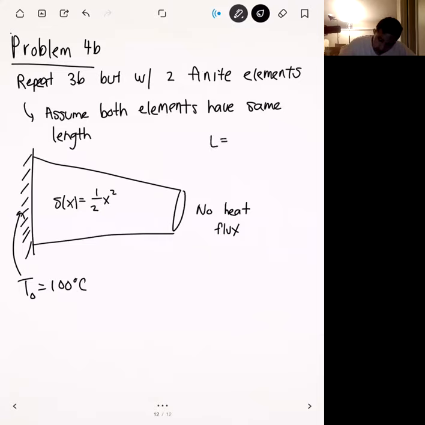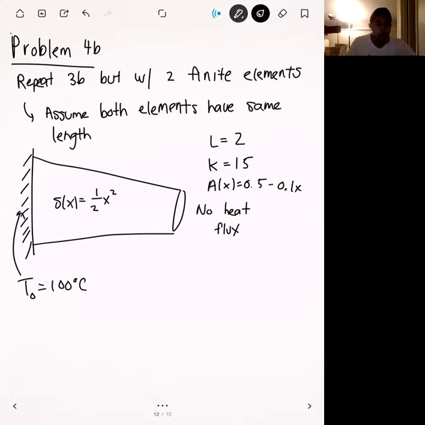The length of this guy is 2 meters. The thermal conductivity is 15. And then the area function is 0.5 minus 0.1 x.